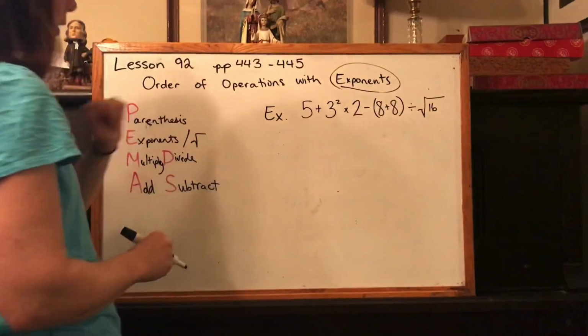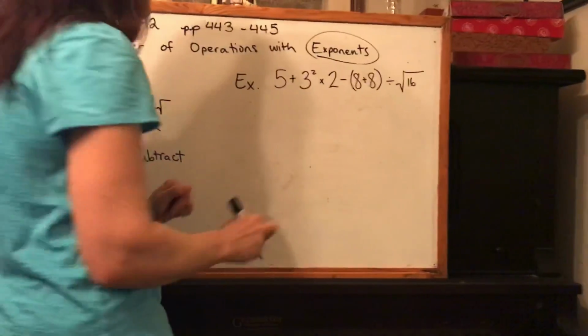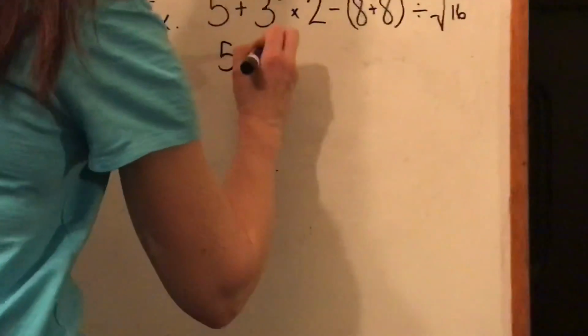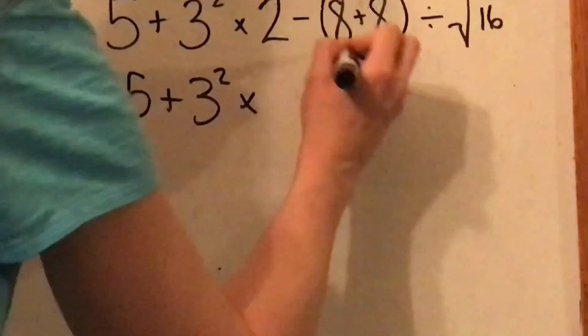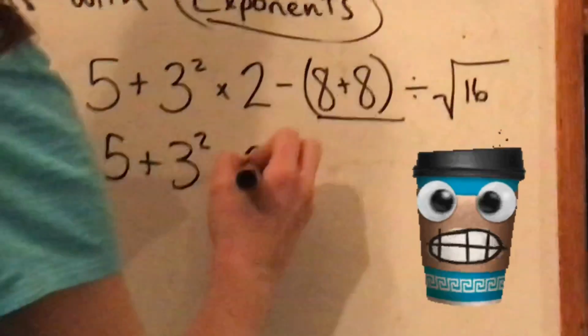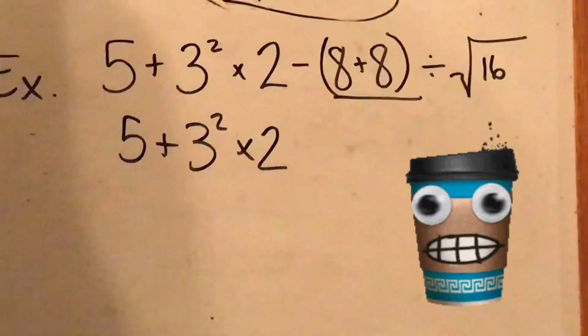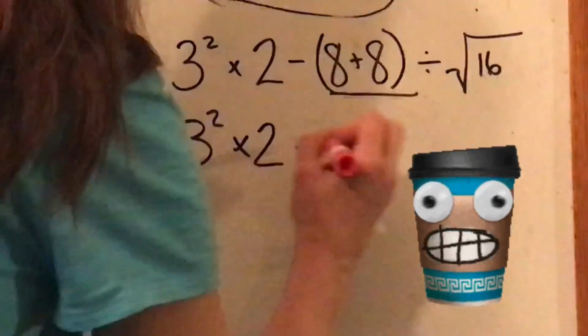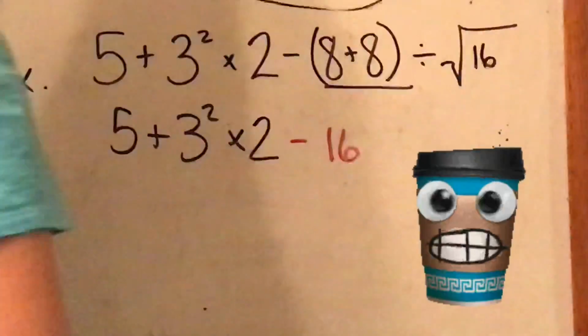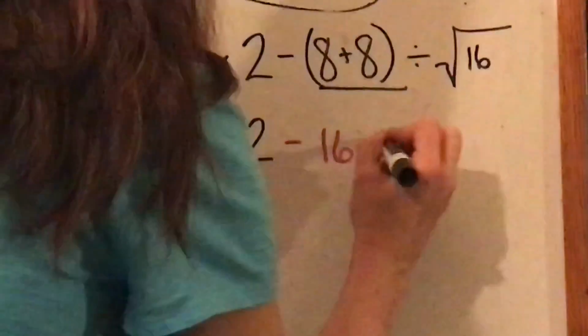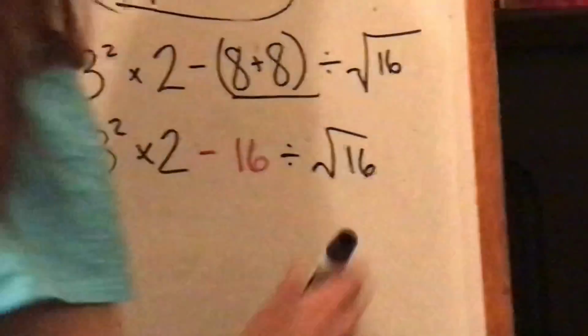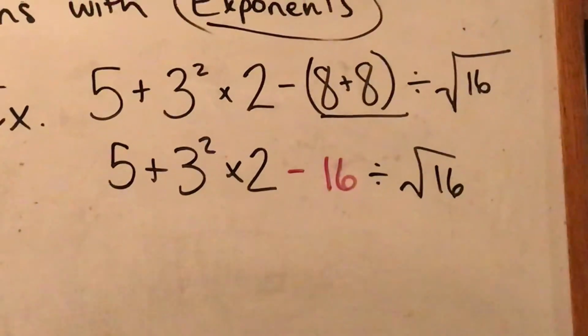All right, so obviously we're going to do the P first, the parentheses. I'm going to write out each step. This is what I'm doing first. Show each step: divided by square root of 16. So that was my parentheses.